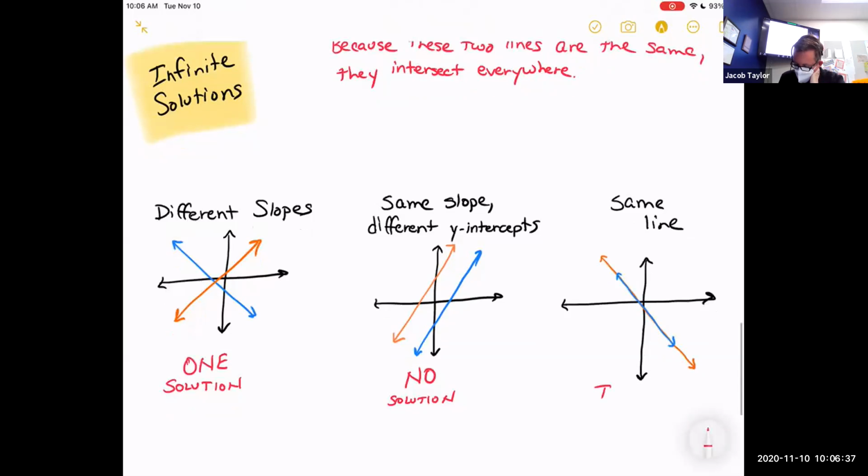We would say these have infinitely many solutions. Where do they intersect? Everywhere.